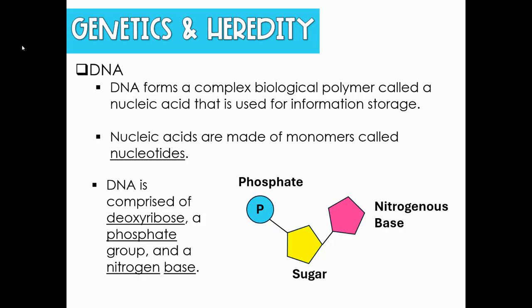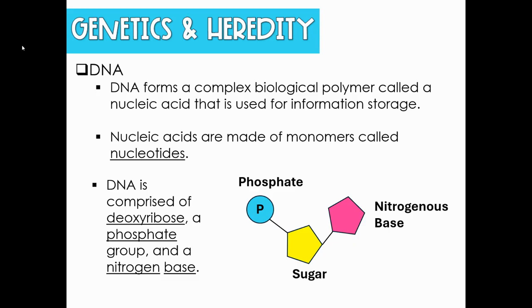So I want to start by reminding you that DNA is one of our complex biomolecules, one of our macromolecules. We learned it as a nucleic acid. So if you missed the first review, the cells review, you're going to want to go back and listen to that review because we talked about the 4 macromolecules, and one of those was nucleic acids, which includes DNA and RNA.